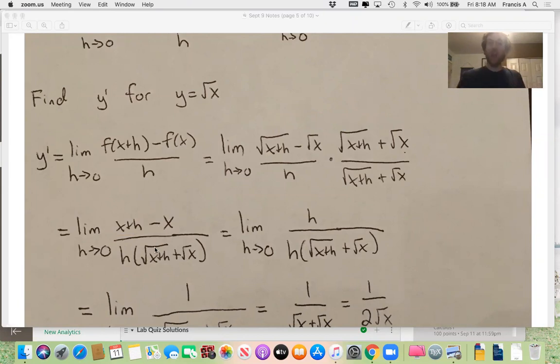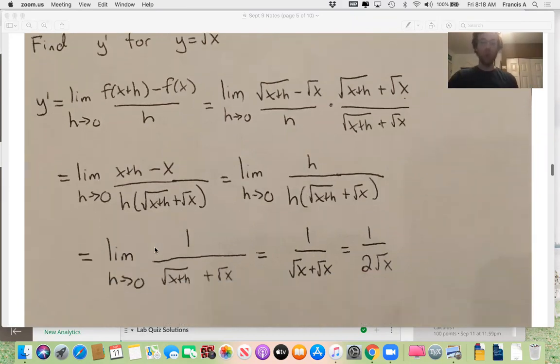So in these kinds of problems, we know what has to happen. We want to cancel as much as we can, with the eventual goal being this h on the bottom; we eventually want to cancel that somehow. And that's what we see happen.